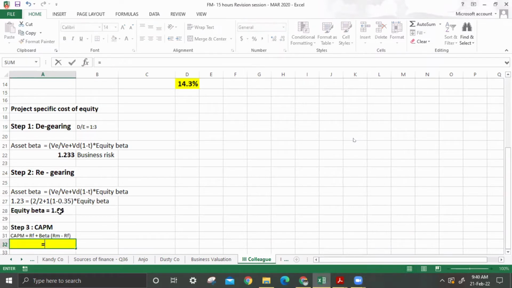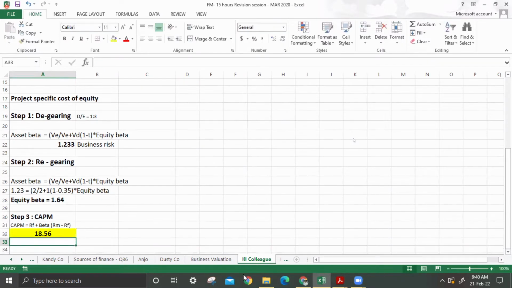Now it's simple. RF is given. Beta you just calculated. RM is given. RF is also given. So what's your CAPM? 18.5%. So what can you tell about this project now?